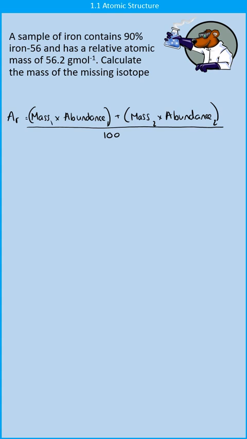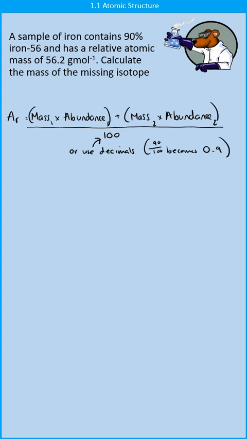It does have its advantages in that, particularly if you're given abundance data that isn't a percentage, then using this system makes it much easier because, say, if you have a total abundance of 27, you can divide by 27. But I just have a lot of experience of people trying to do percentages with their calculator and things going wrong. So my personal preference is always to do this in terms of decimals, but you're going to get exactly the same answer regardless of whether you do it with long form fractions or with decimals.